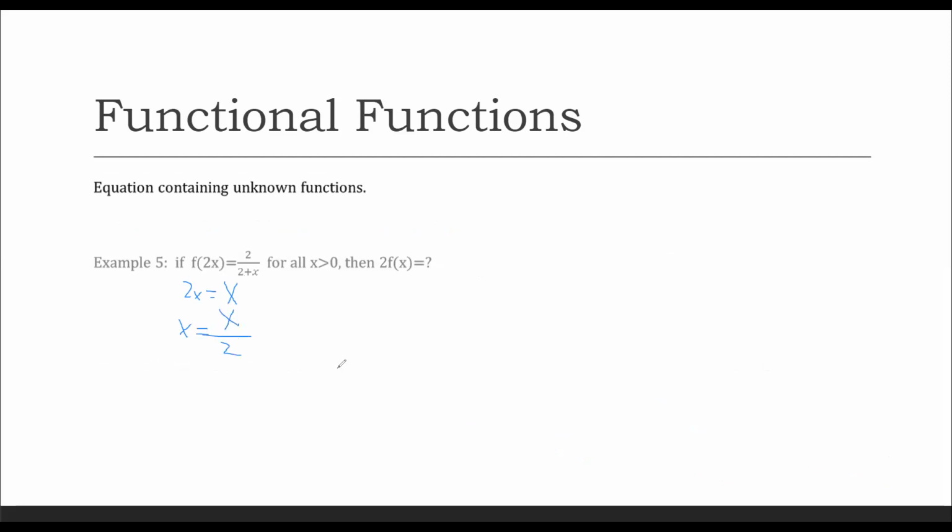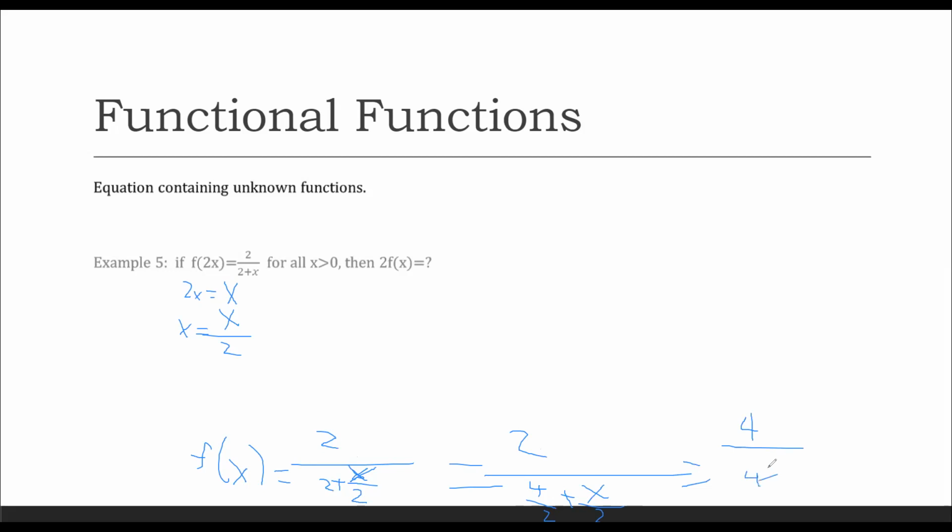So you can represent this as f(X) is equal to 2 over 2 plus X/2, and then this will be equal to 2 over (4/2 + X/2). And you can simplify this even further to 4/(4 + X).